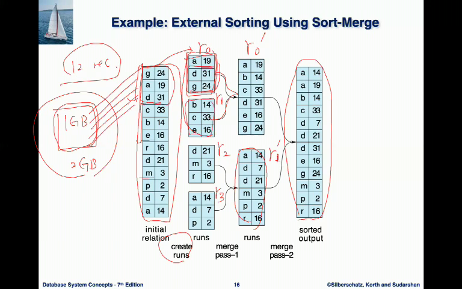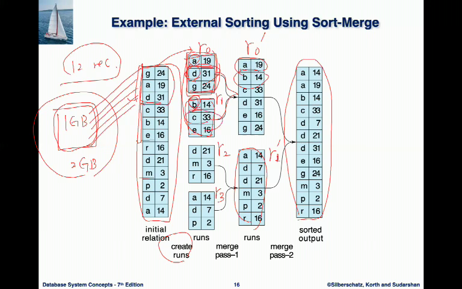The first thing that you see is A and B, and let's just say A is before B. So you output A, and then you move on to the next record. You are comparing D and B, and between B and D, B is smaller, so you output B, and then you move on.